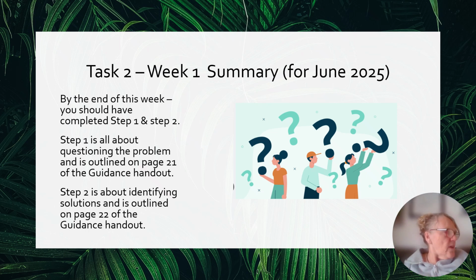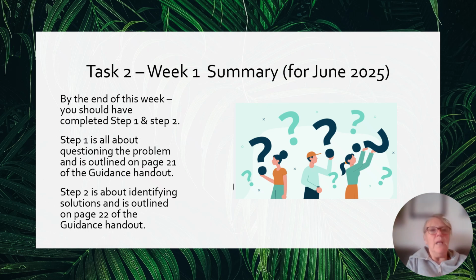So to begin with, step 1 is you're going to ask questions. You're going to ask meaningful questions to identify a complex problem that needs to be solved in your chosen area. Okay, so you're going to use a mind map for this.